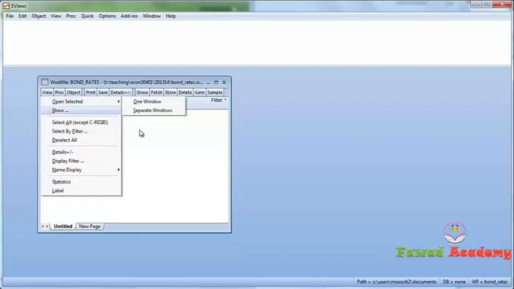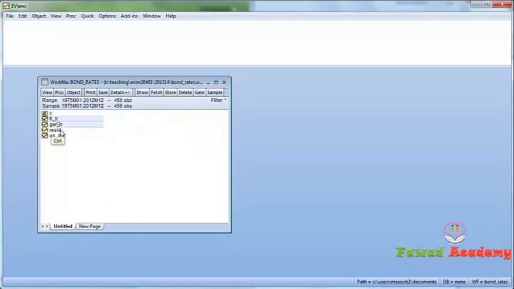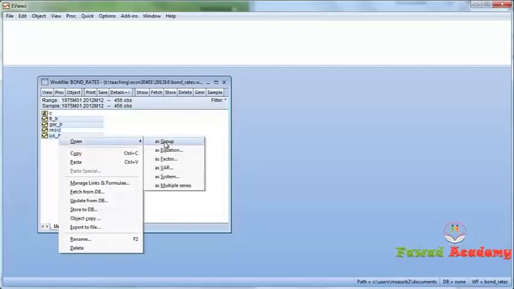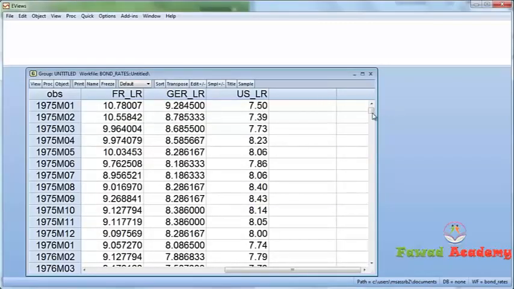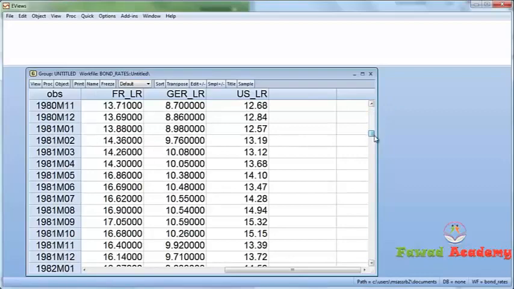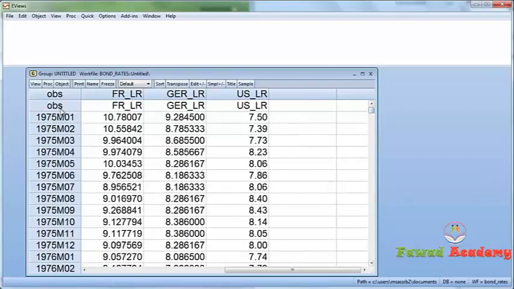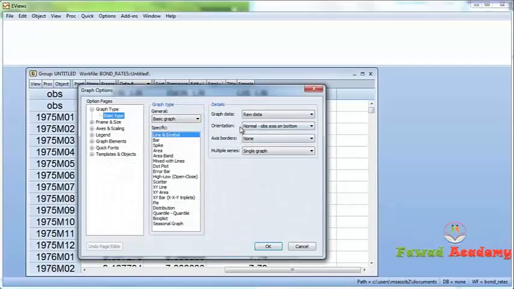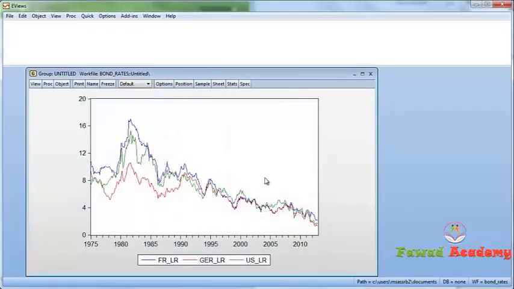So we open all of the 3 series as a group, and you can see these are interest rates expressed in percentage points. Let's have a quick look at the data. We'll have a line graph, we have multiple series, but we'll put them in one graph.